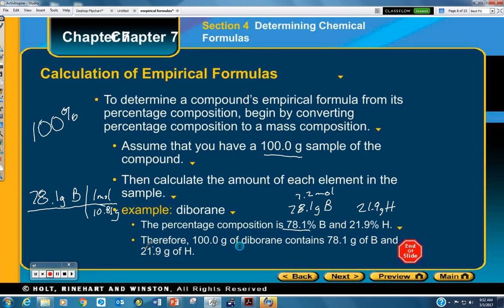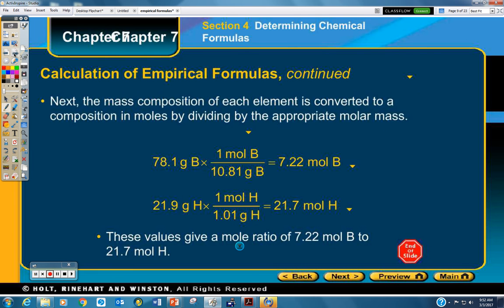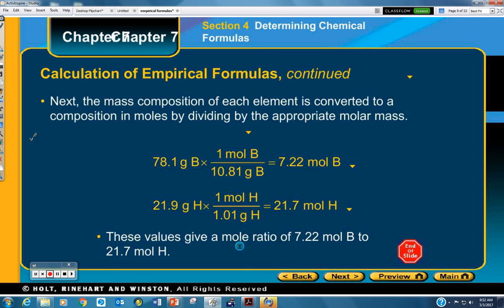All right, I'm going to move to the next slide. We're going to continue solving this one and show you the steps. We already determined that we had 78.1 grams of boron and 21.9 grams of hydrogen. Our next step in determining empirical formulas is to determine the moles of each.